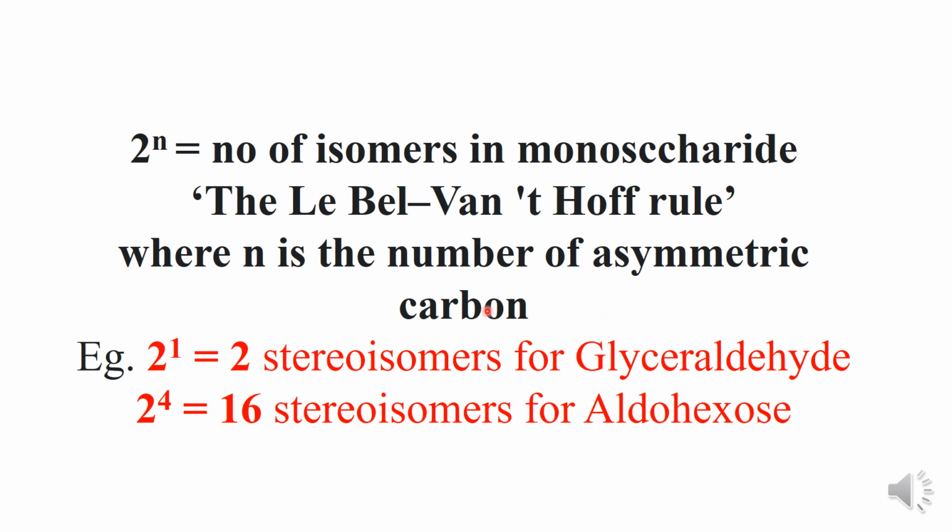For example, glyceraldehyde has one asymmetric carbon, and so there are two isomers possible. For an aldohexose, the number of asymmetric carbon atoms is 4, and so 16 different stereoisomers for aldohexoses exist. All carbohydrates except dihydroxyacetone have at least one asymmetric carbon and exist as stereoisomers.